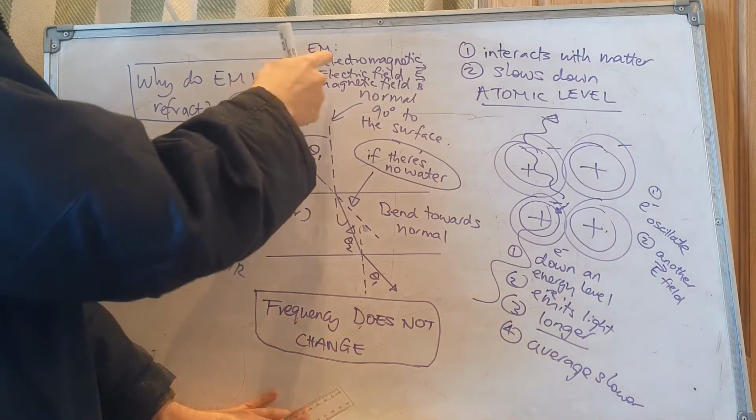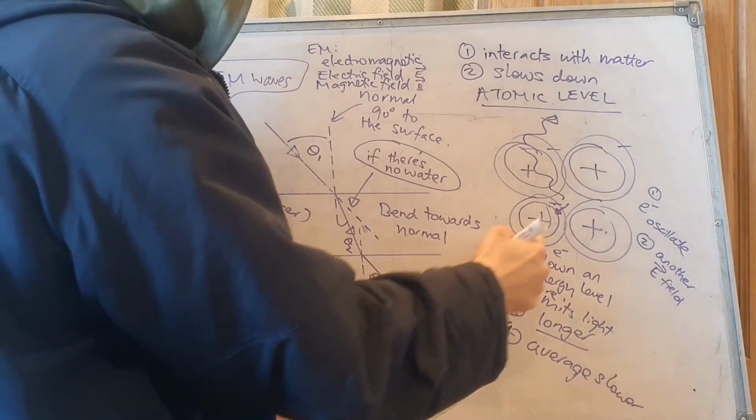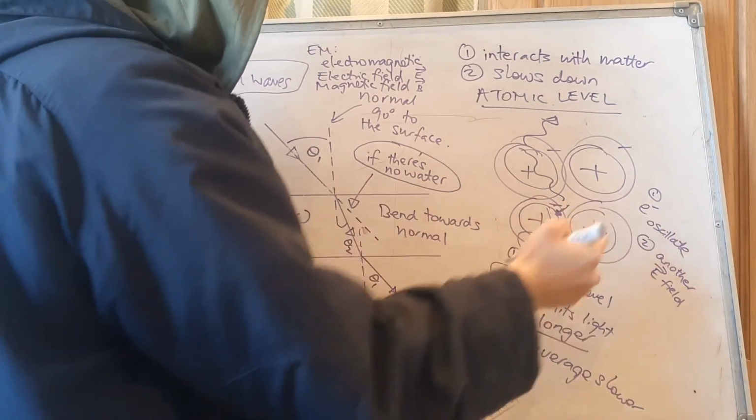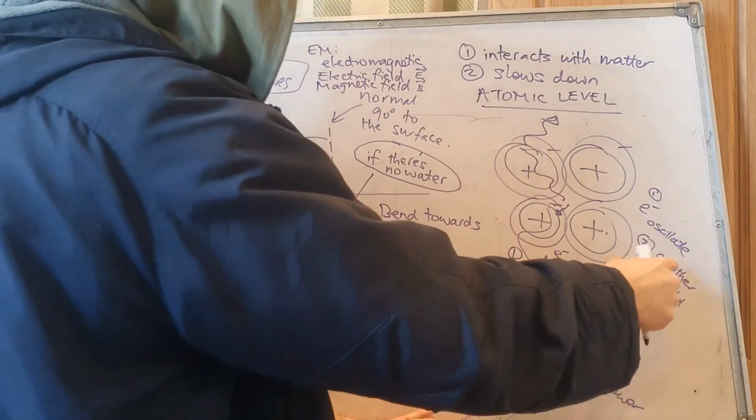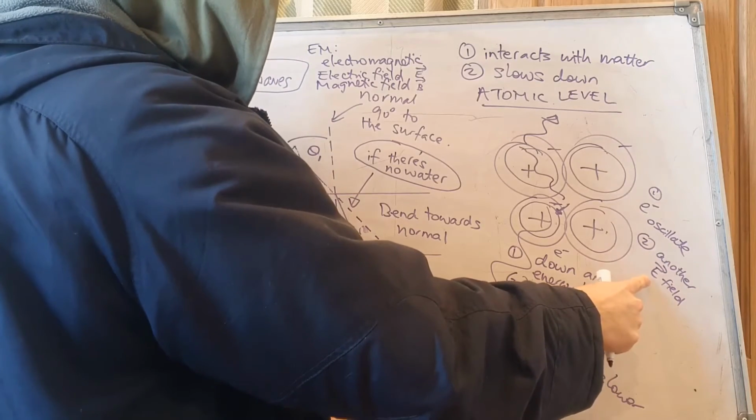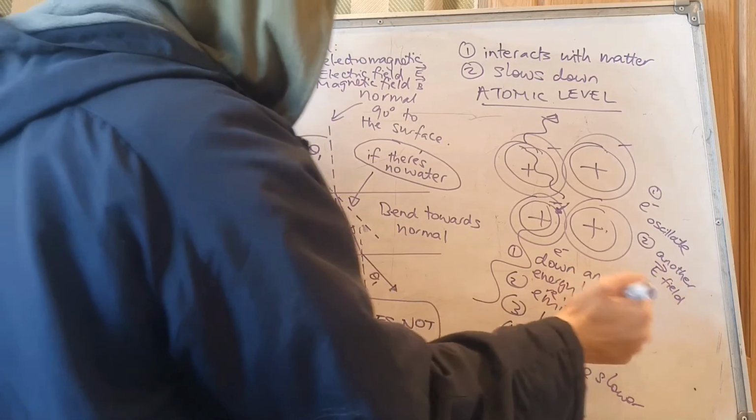So when the electromagnetic wave hits the electron, the electron will oscillate. It then produces another electromagnetic field, or electric field.